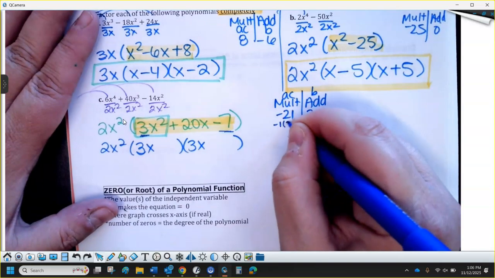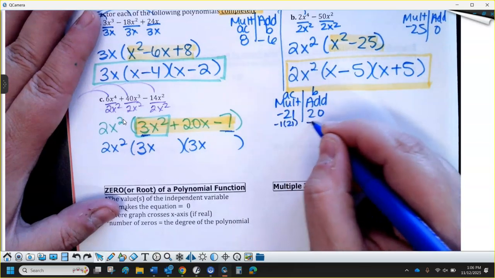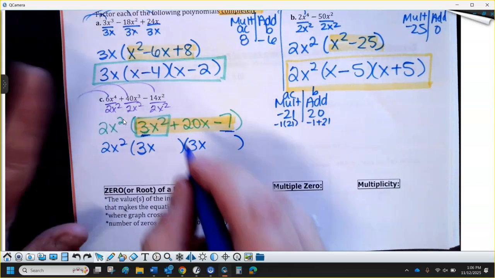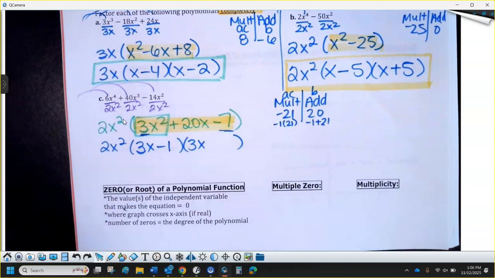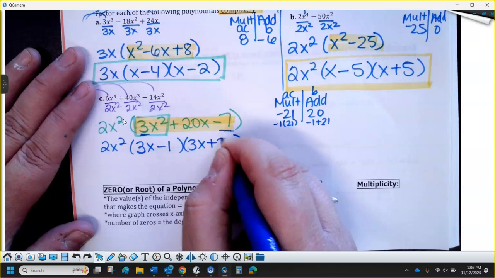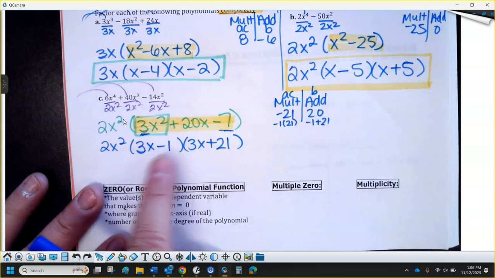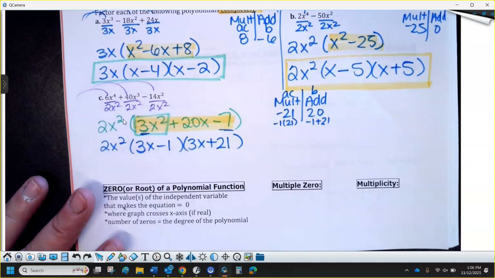So -1 times 21, right, and -1 plus 21 would be 20. It doesn't matter which one comes first or second. One of them should be -1, and one of them should be +21. Now, it's been minutes since we did this. Don't forget, this does not multiply, like if we were to FOIL or box this, that does not give me what I have there.